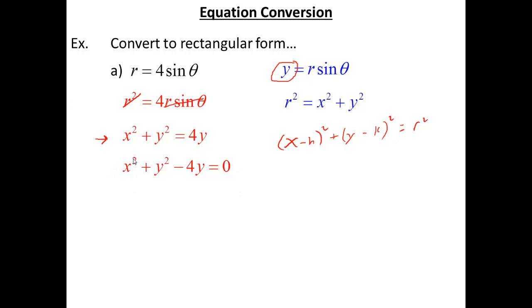Now I've got x squared right here, which really means I have x minus 0 squared, but then the y squared has that 4y attached as well. So if I could get these two together to form a perfect square like y minus k, I could then have this written as a standard form of a circle. So now you've got to remember, how can I get these two terms, which right now are not a perfect square, into a perfect square?